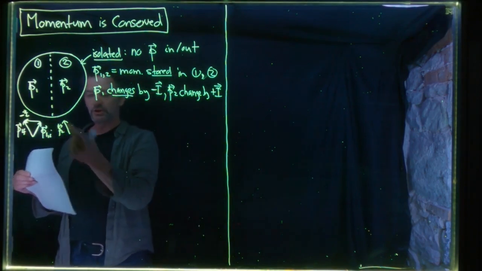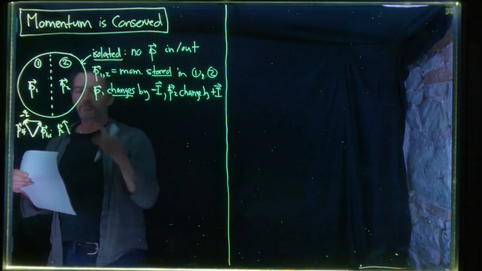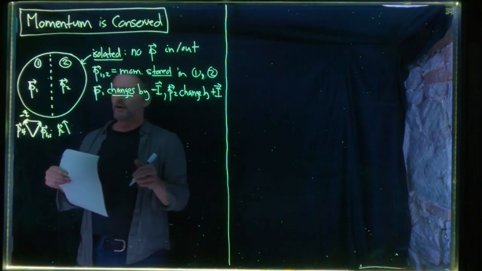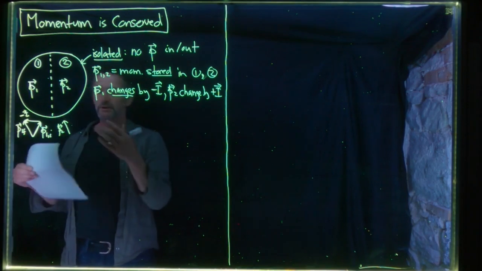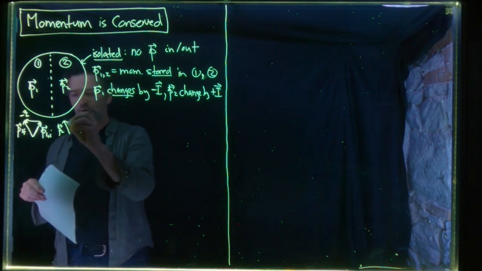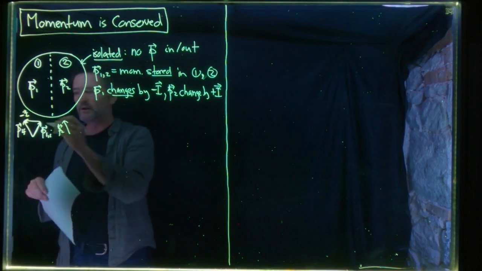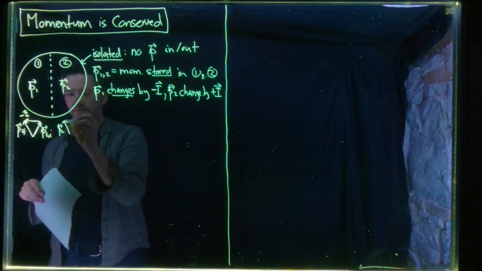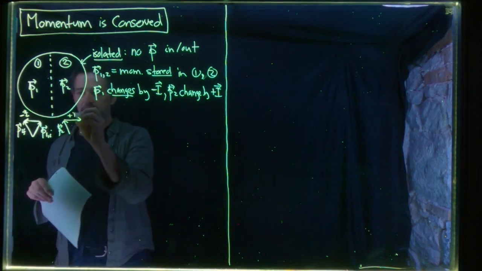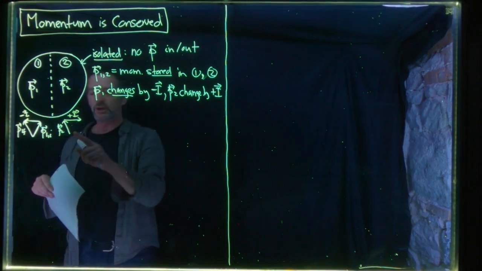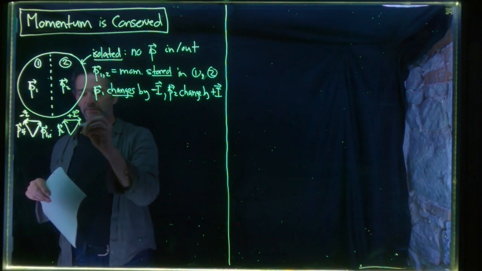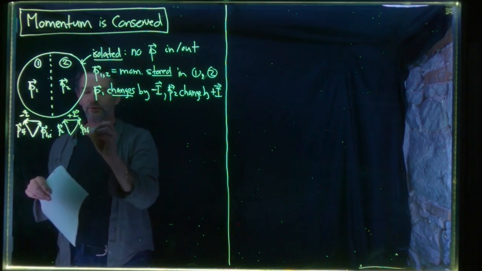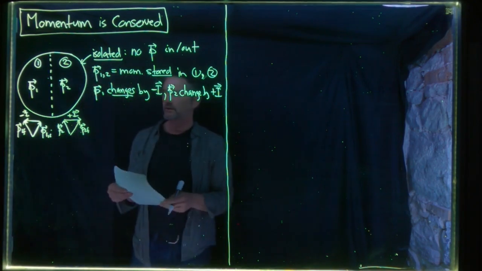So if this is the initial momentum in system number 2, and if P1 changed by minus I, then P2 must change by plus I. So P2 changes from P2 to P2 plus I. If this is minus I, then this is plus I. And so then P2 changes from P2 to P2 plus I, adding those vectors tip to tail. This is then P2 final. Okay, so that's the idea.